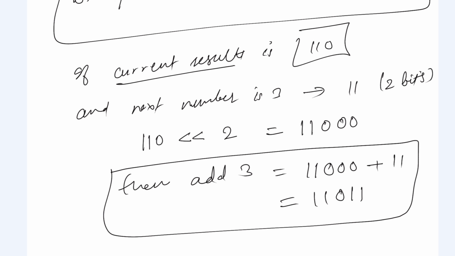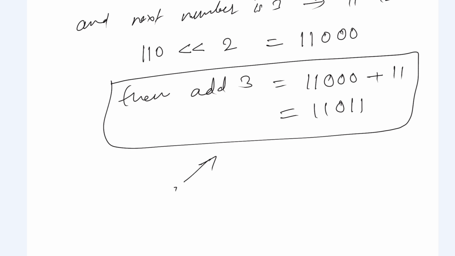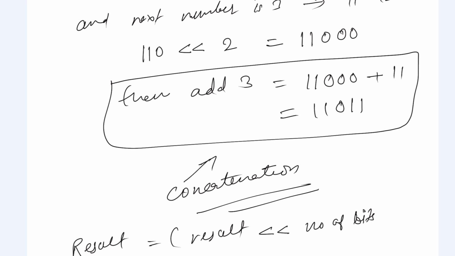So that's exactly called the concatenation. So the formula becomes what? It's very easy to understand. If you have a result, you take result left shift number of bits, plus i.